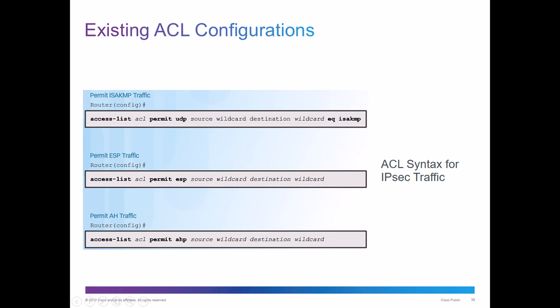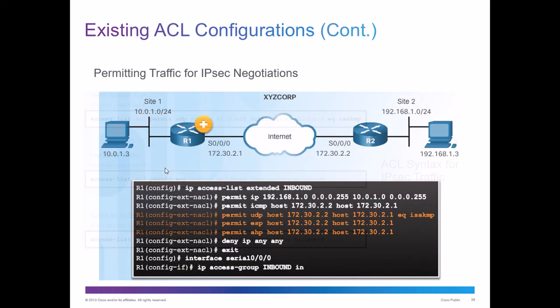All right, so for the interesting data, the first step is to create an access list. The first access list you are going to create is to permit the traffic for IPsec negotiation, to allow the exchanging of keys and information.